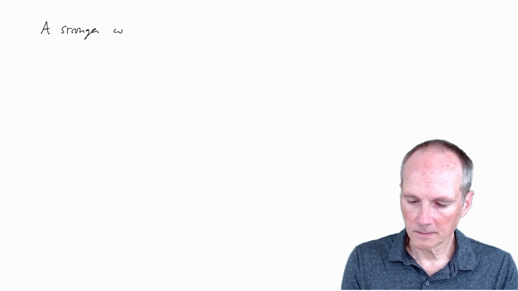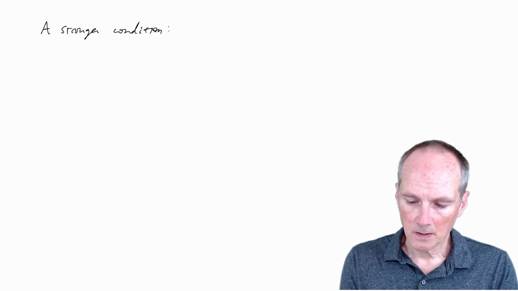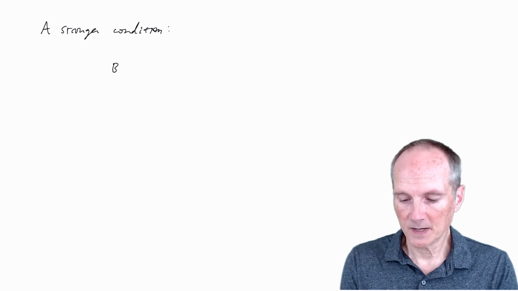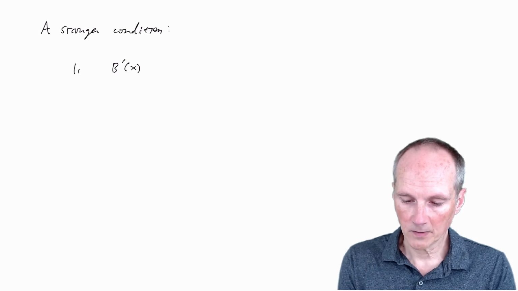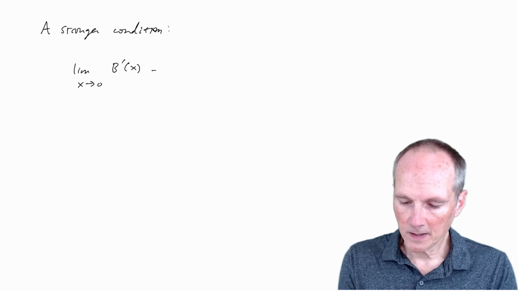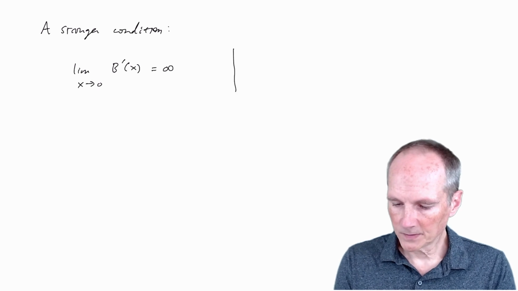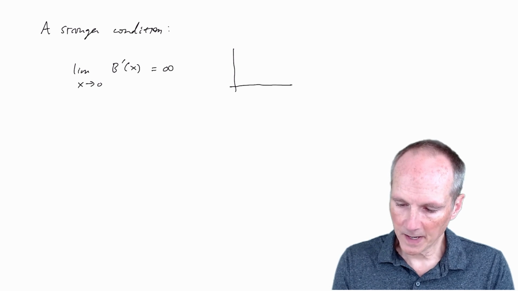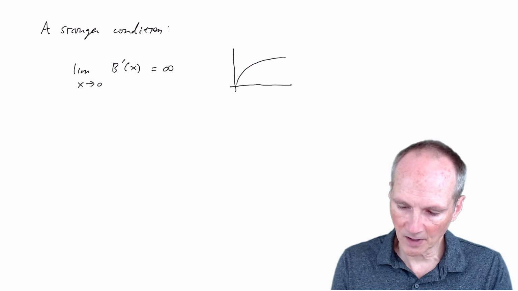The stronger condition that's used is that the marginal benefit for small scales becomes very high. So the way that's expressed is in terms of a limit. As x goes to 0, that marginal benefit goes to infinity. So if you're drawing a graph of the benefit function, as you're getting close to 0, the benefit function becomes arbitrarily steep.